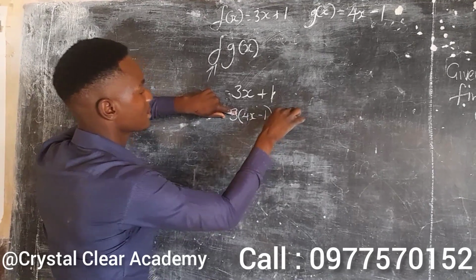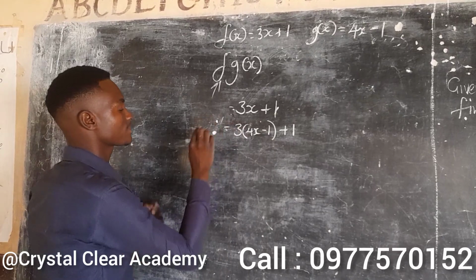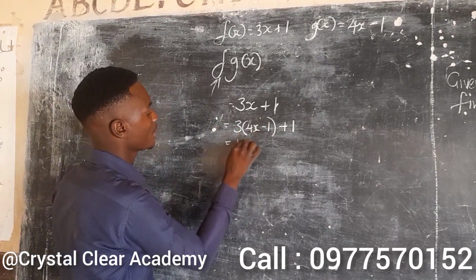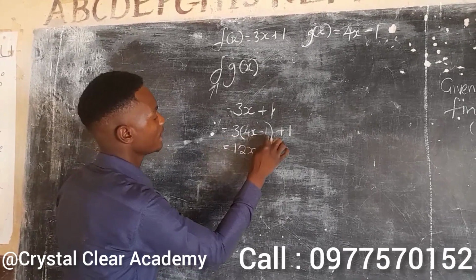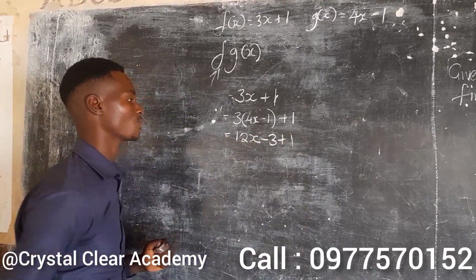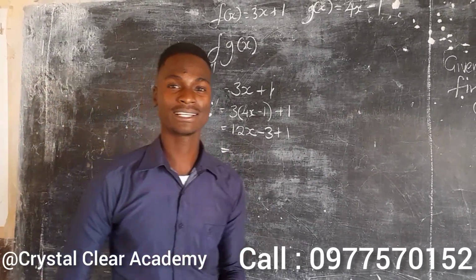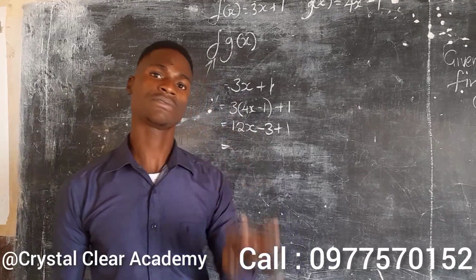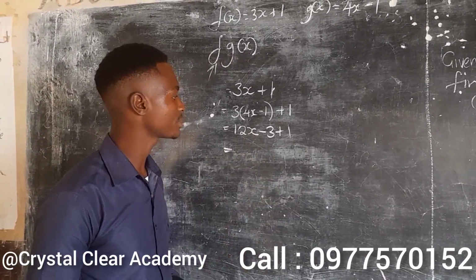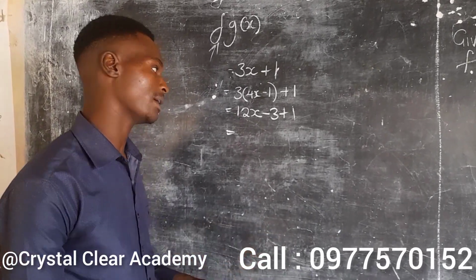plus 1. Then you just expand here. 3 times 4 is 12x. 3 times negative 1 is negative 3, plus 1. Remember, when you're adding two numbers with different signs, that is, one negative and the other positive, you simply subtract and then get the sign from the bigger number.